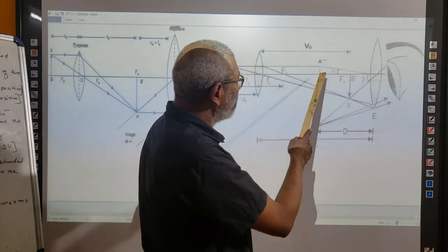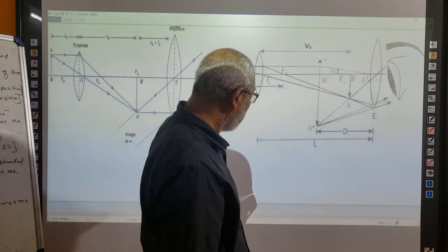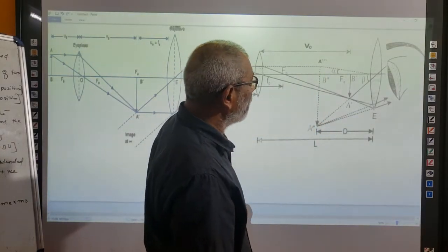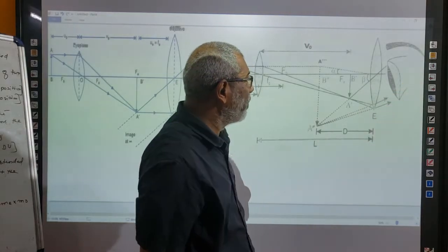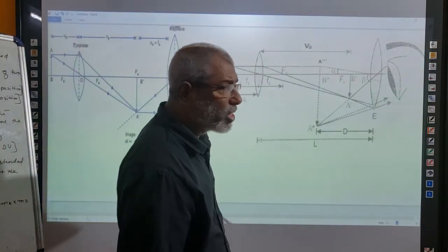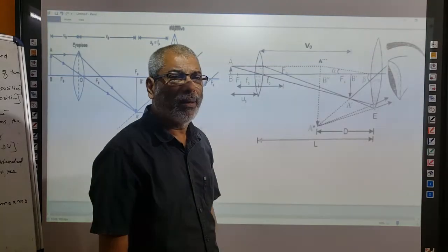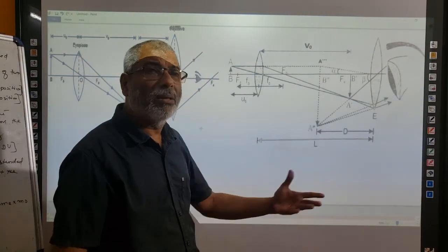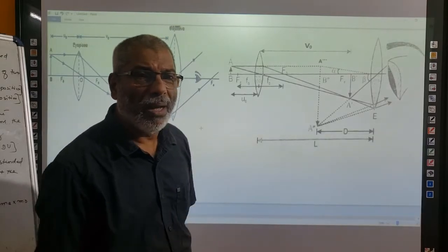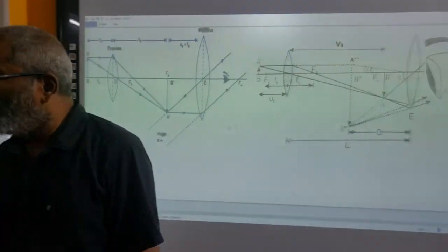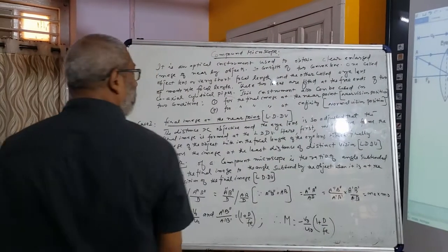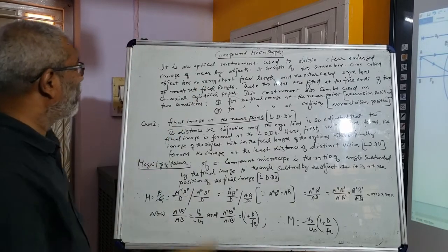Understand? This image formed is quite enlarged and the observer can see it very clearly. So in this case also remember, this instrument is actually increasing the visual angle, thereby increasing the size of the final image. So the notes points are shown here in this whiteboard.